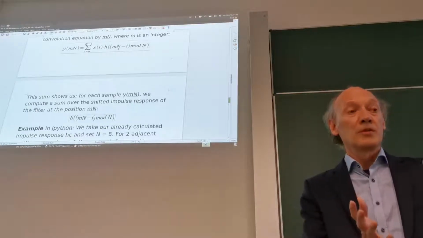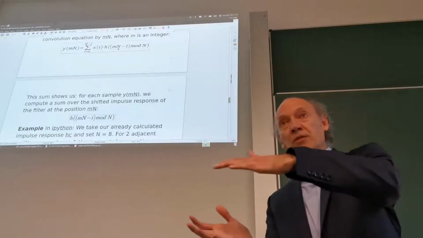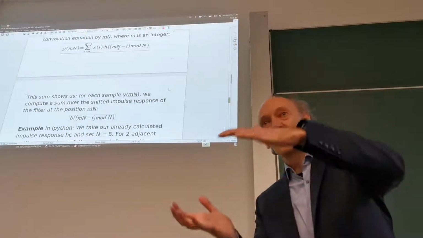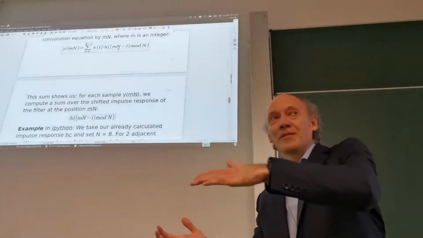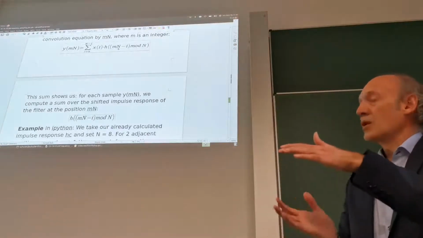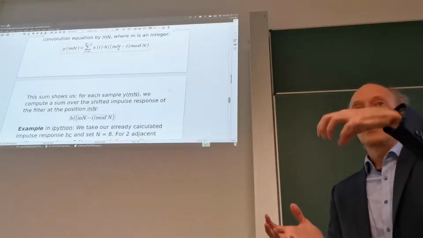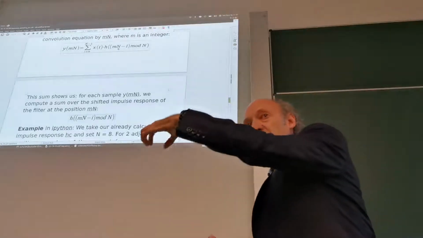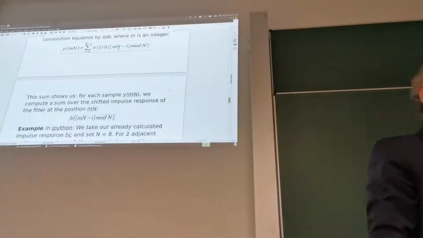Basically we are shifting the sum over the signal, not continuously, but jumping by N samples. So you have the signal and this impulse response, and you shift the impulse response by capital N samples over the signal.